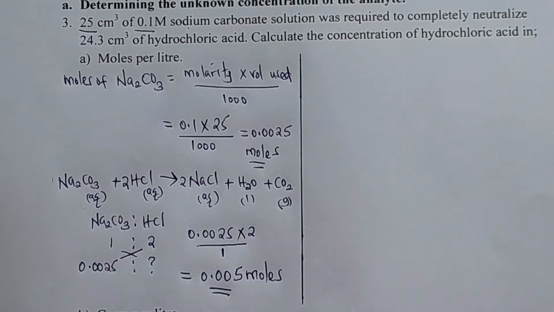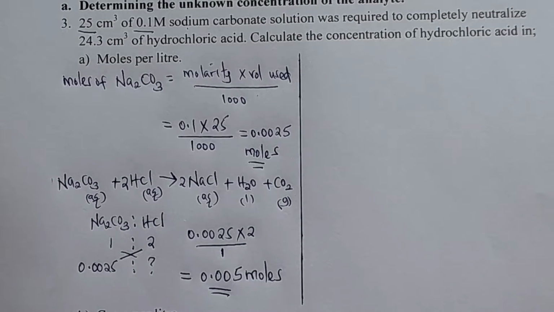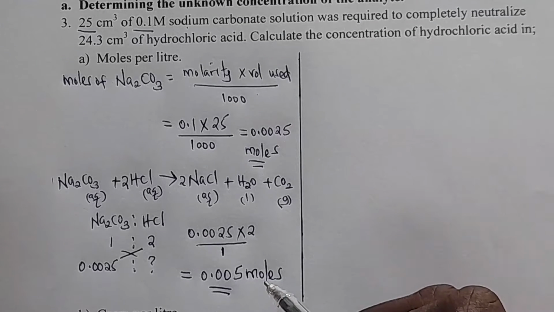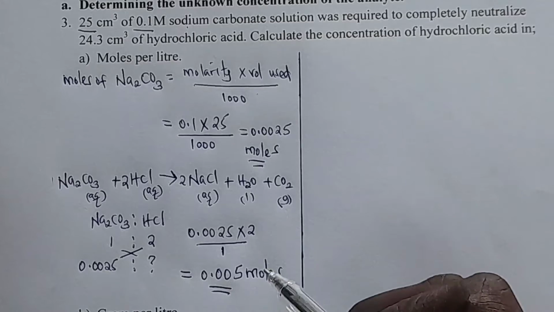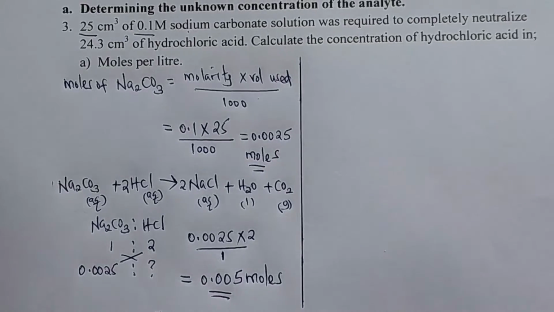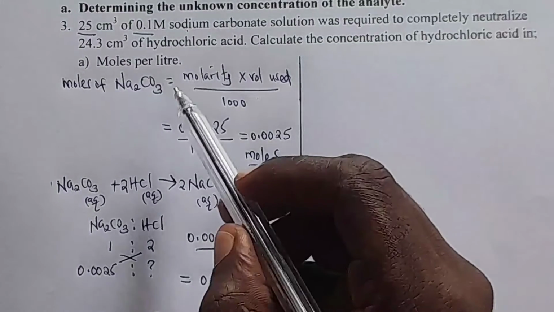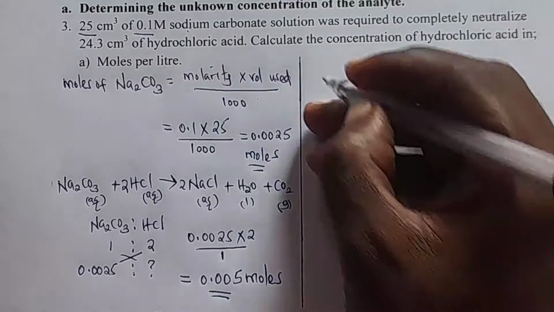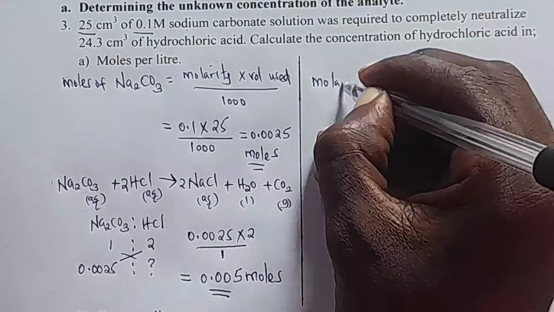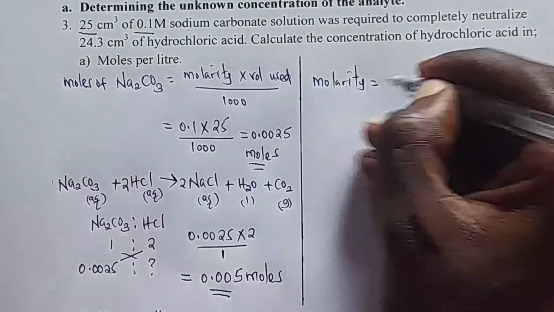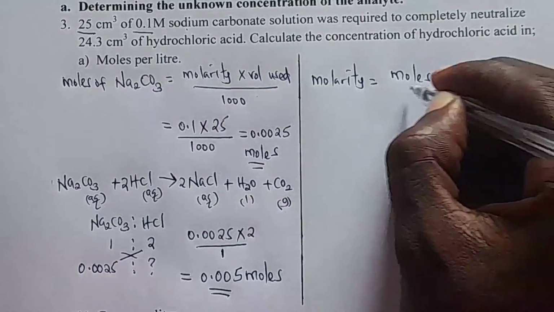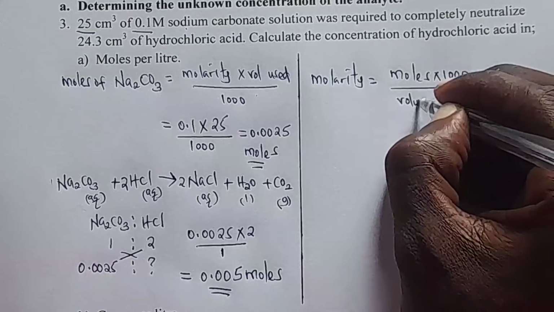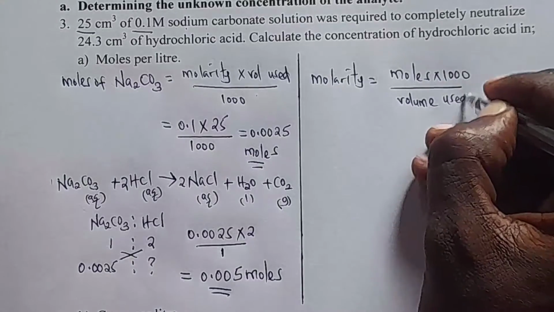The next step was to use the moles of the analyte obtained above to calculate the aim of the question, which is the concentration of hydrochloric acid in moles per liter, which means the molarity. So molarity is equal to moles times 1000 over volume used.